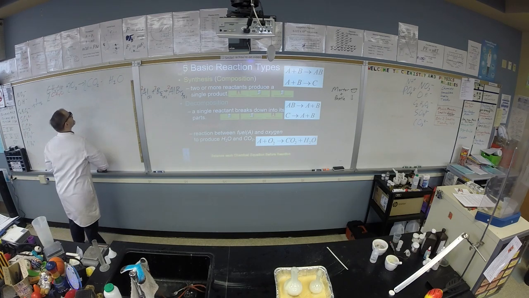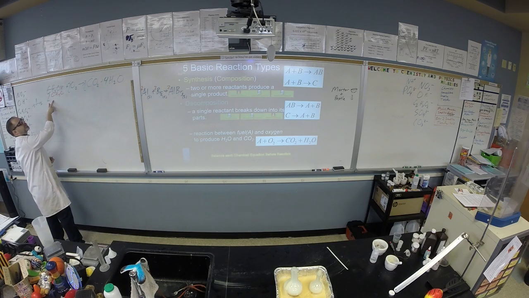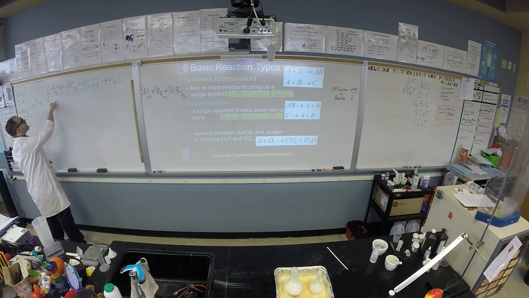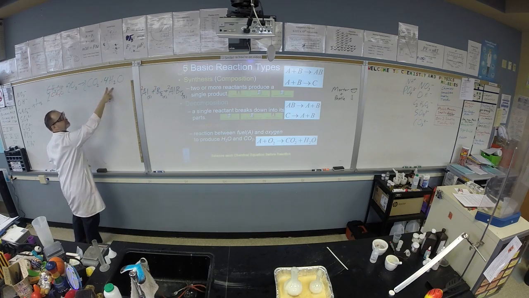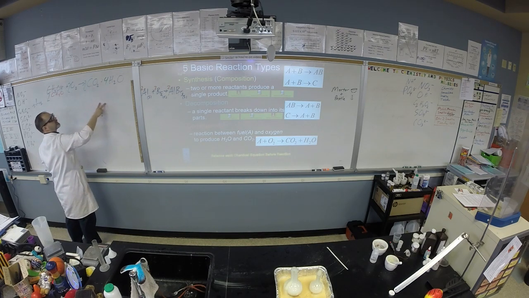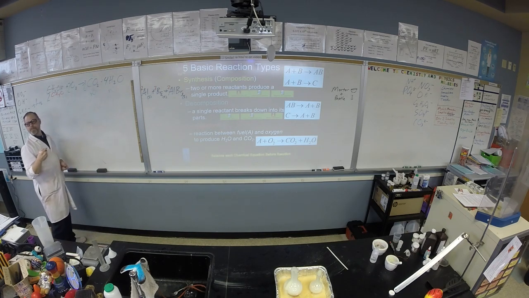Yeah. All right, so this is a good place to start. By putting a 4 here, we've got 2 carbons, guys. We've got 8 hydrogens. 4 by 2 is 8 hydrogens. Now look at the oxygens. How many oxygens do we have on this side? 2 by 2 is 4 oxygens, and 4 by 1 is 4 oxygens, for a grand total of 8.